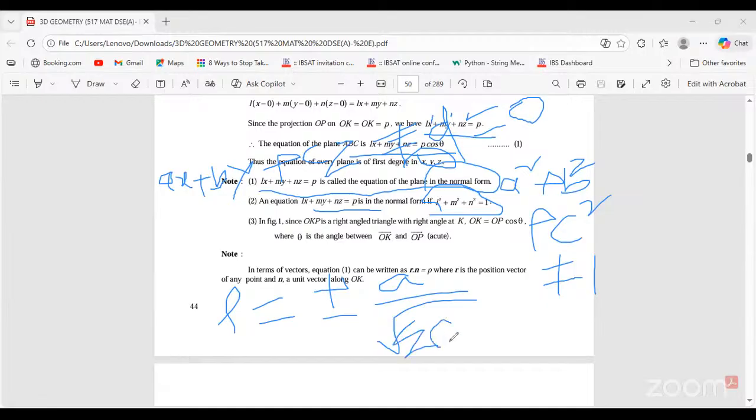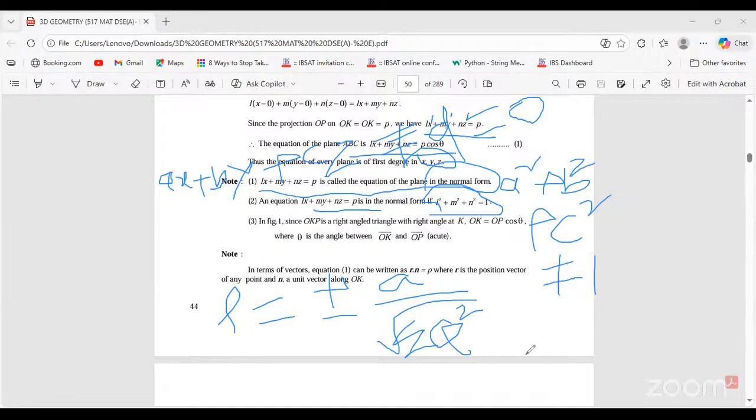What is summation a square? It is nothing but a square plus b square plus c square. Here L equals plus or minus a by under root of summation a square, which is the coefficient of x square plus coefficient of y square plus coefficient of z square.